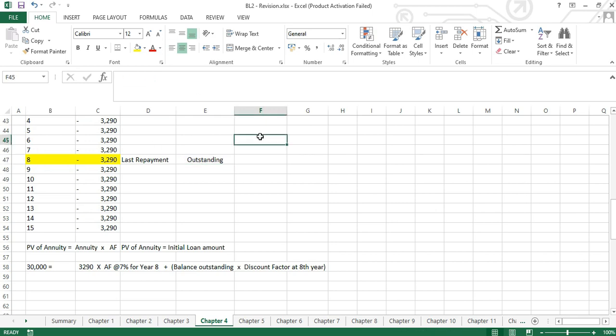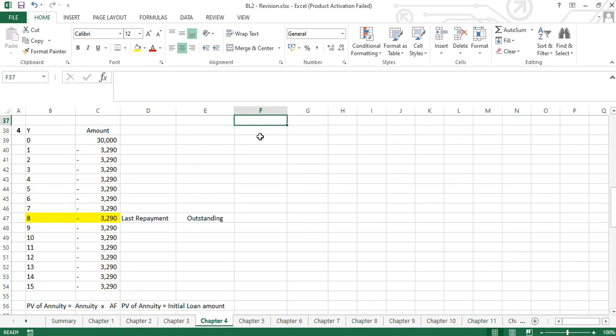When we do our loan table, we get the total outstanding, but we can't simply subtract and say that 3,680 is outstanding. No, it's not like that.